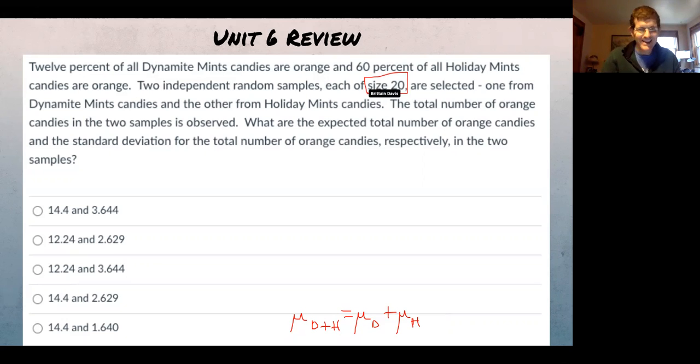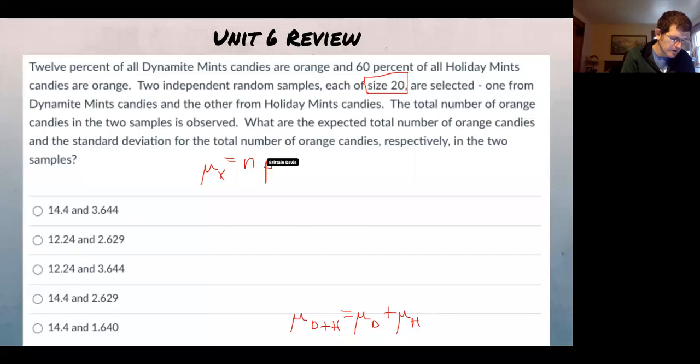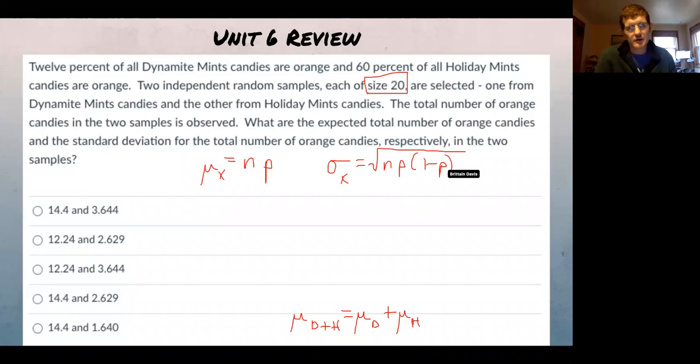Okay, so the mean for binomial is going to be, I'll just put x right here, it's going to be n times p. And then we have this other formula, which is the standard deviation, which is going to be the square root of n times p times 1 minus p. And I bet a lot of you forgot those formulas.